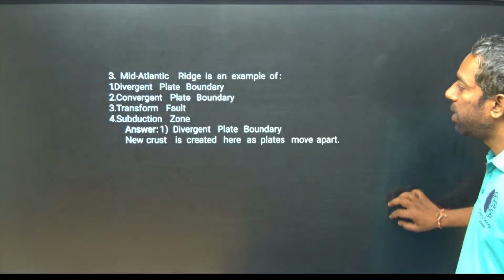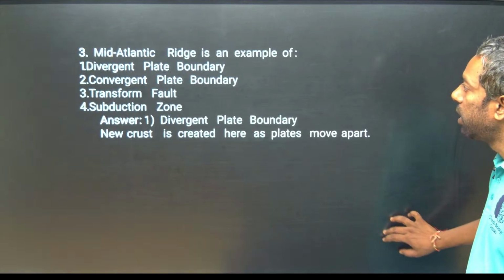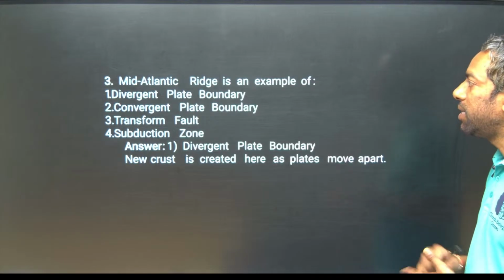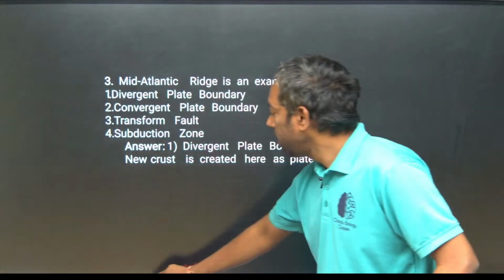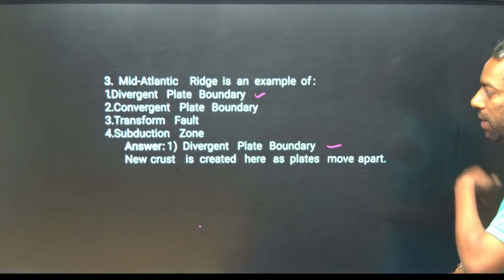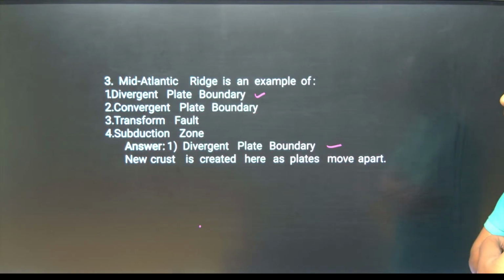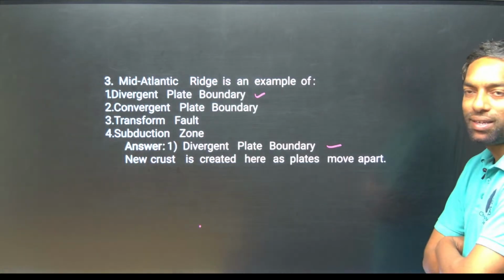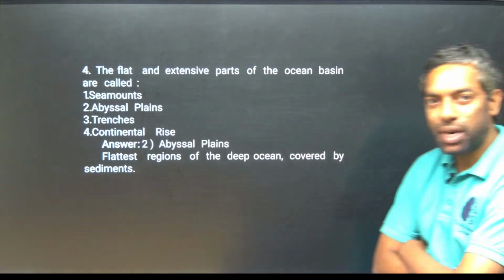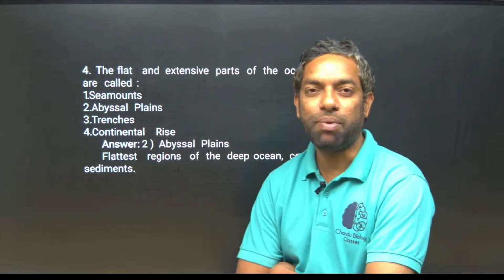This is important, guys. Mid-Atlantic ridge is an example of a divergent plate boundary, most important. New crust is created here as two plates move apart. This is the most important for the coming exam. They can ask you about a divergent plate boundary, convergent plate boundary or transform plate boundary.